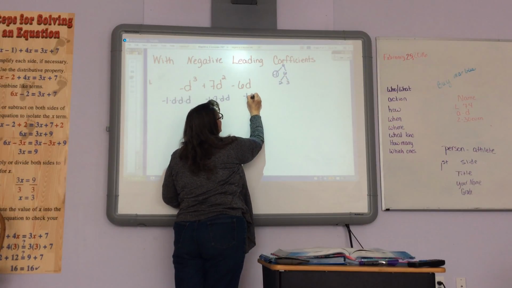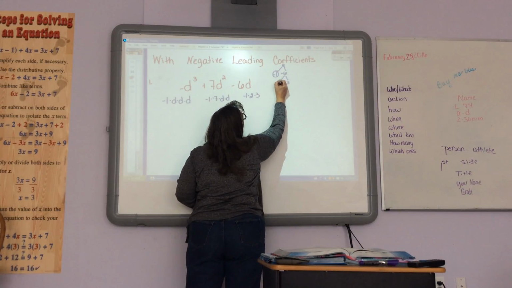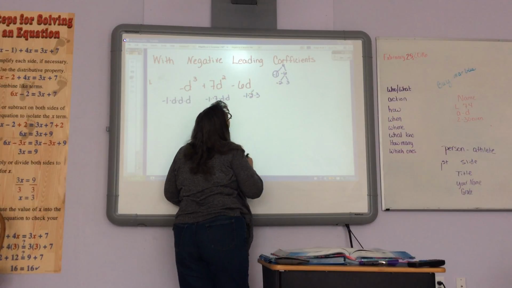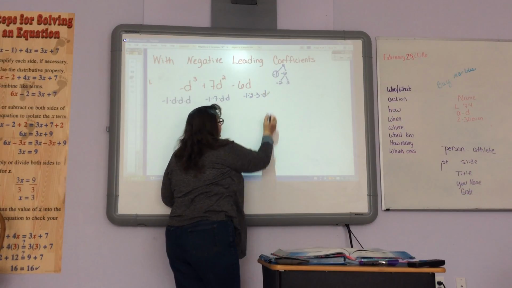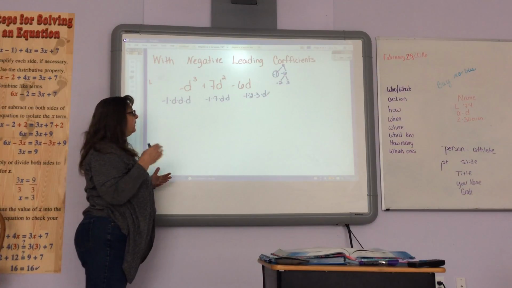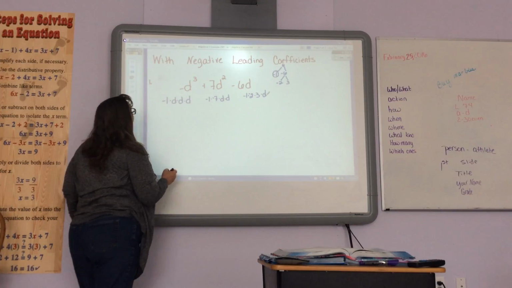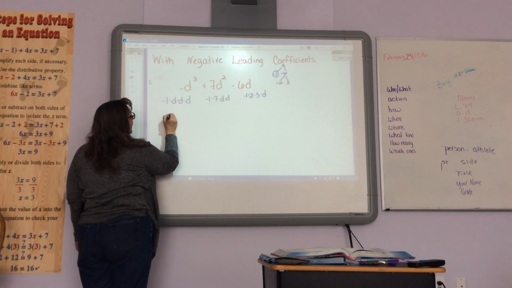So I have negative 1 times 2 times 3. Sorry, that would have had to have been negative, so one of these needs to be negative. And then there's 1d. The negative makes it a little bit trickier because you have to really think through your signs.